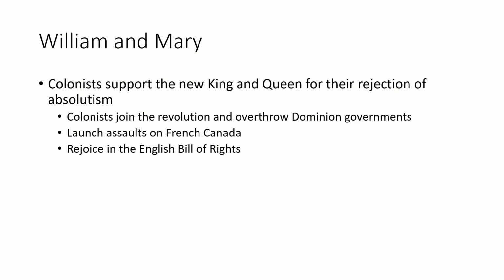They forced out the Catholic-dominated Maryland government. They launched several assaults against French Canada as part of King William's War, and they rejoiced in Parliament's 1689 passage of the English Bill of Rights, which was the first time a monarch willingly gave up their own power to some extent.